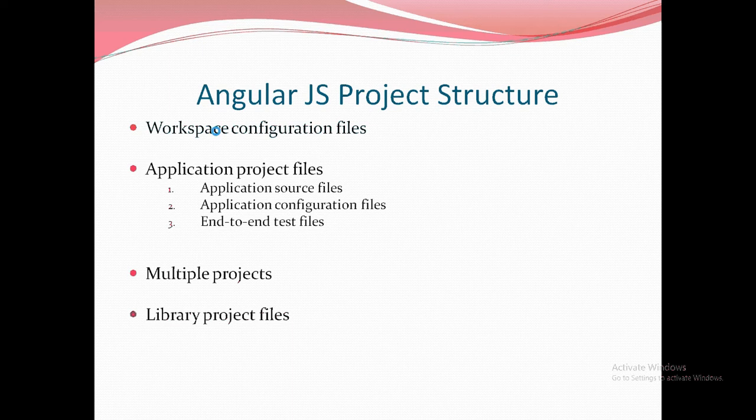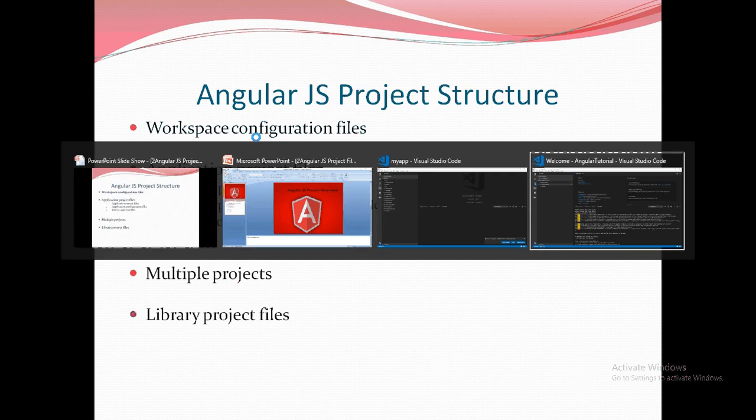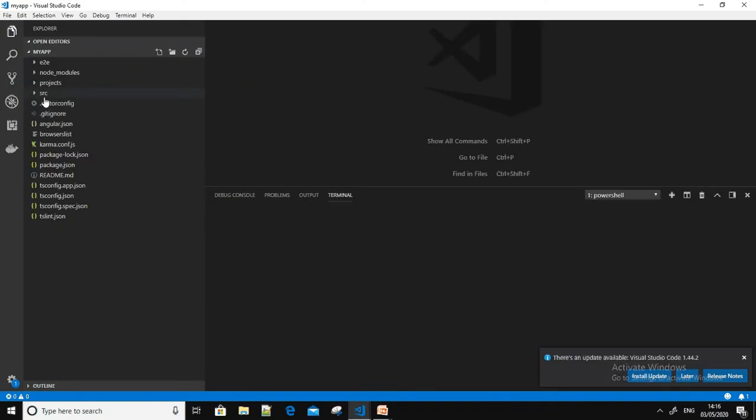First I will show you the workspace configuration files quickly. Last time we created my app, and inside that all the files got created. Inside that there are workspace configuration files, so I will just go through them. We'll cover all these files in detail in the next sessions, so you will get more insight on that.